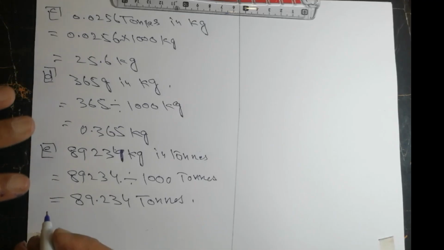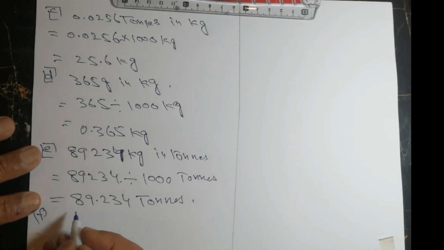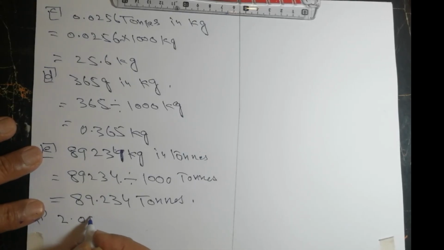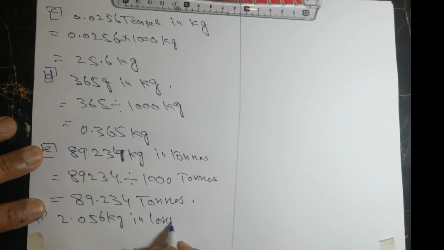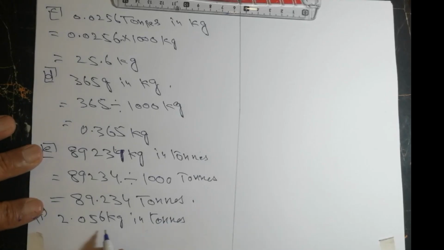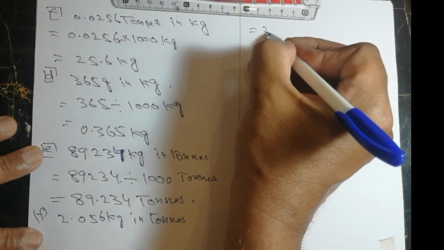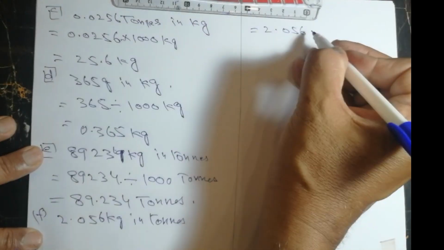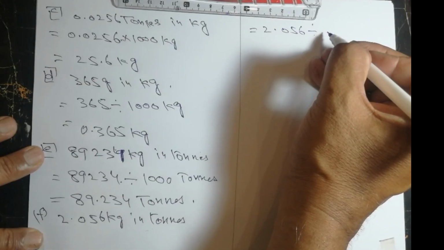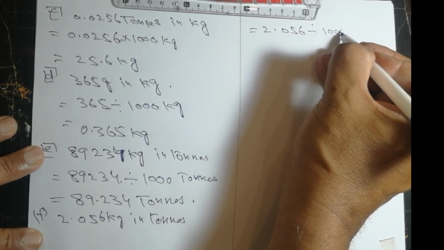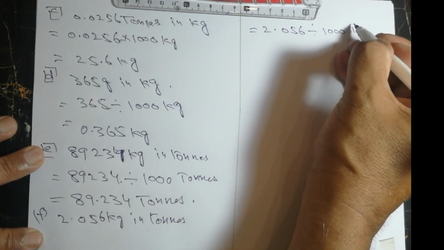Part F is 2.056 kilograms in tons. So again, smaller to bigger unit, so we will divide this one. 2.056 divided by 1000, because there are 1000 kilograms in 1 ton, so it is changed into tons.